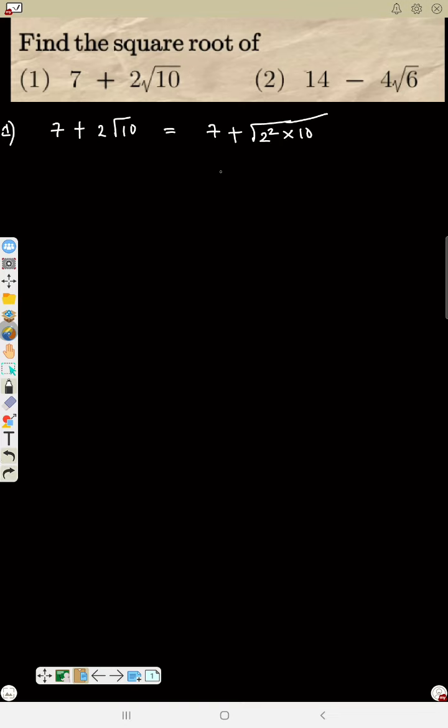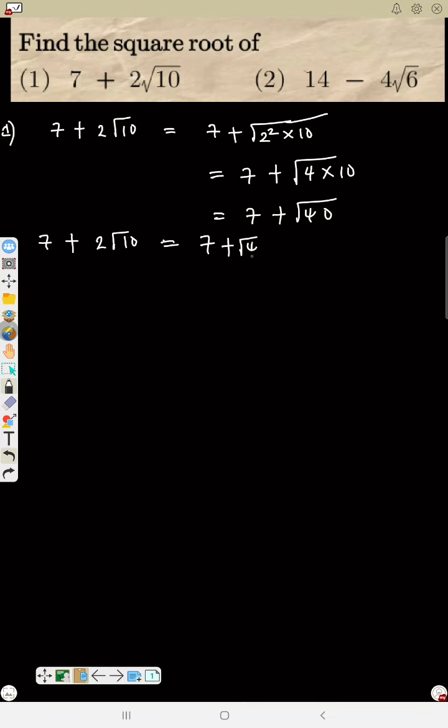So now this becomes 7 plus square root of 4 times 10. So this is 7 plus square root of 40. That means 7 plus 2 root 10 is the same thing as 7 plus square root of 40.